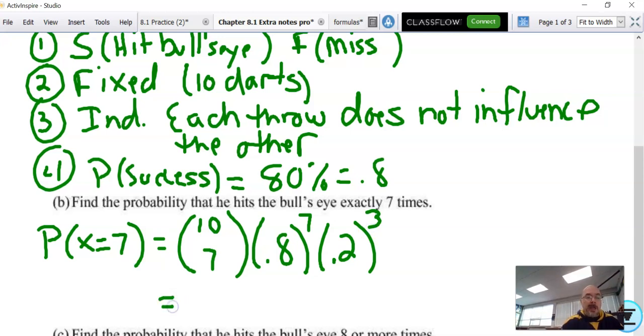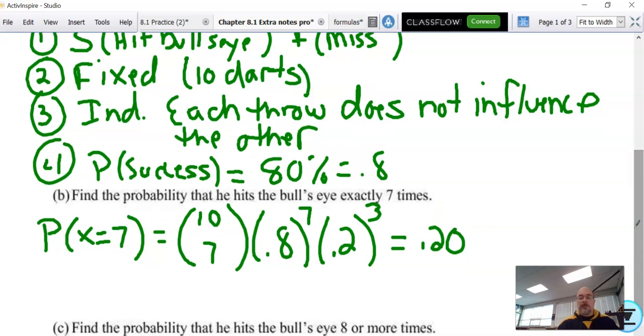Now the combination for that, I don't have it down, so you can figure it out, folks. But in the end we get 0.20. So approximately 20% of the time he will get exactly 7 bullseyes out of 10 throws. Again, being very specific.